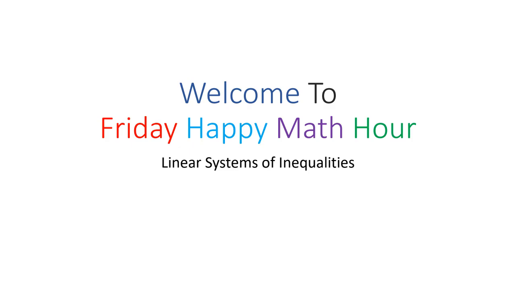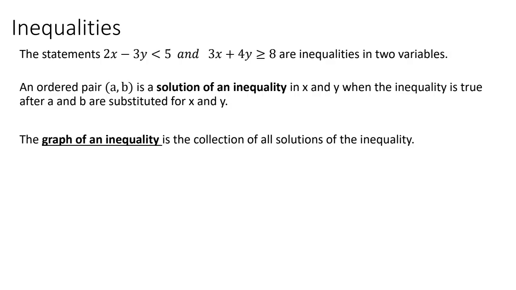So in chapter 7, we're looking at linear systems of equations, but now for 7.5, we'll be looking at inequalities. An inequality basically is an equation that, instead of having an equal sign, might have a less than sign, a greater than sign, a greater than or equal sign, or a less than or equal sign.